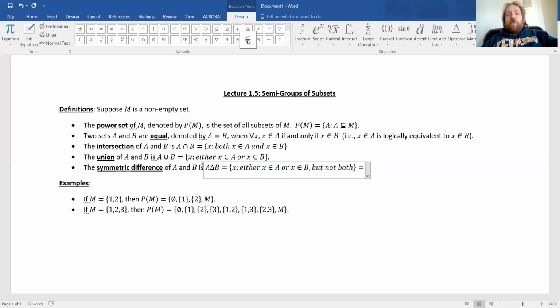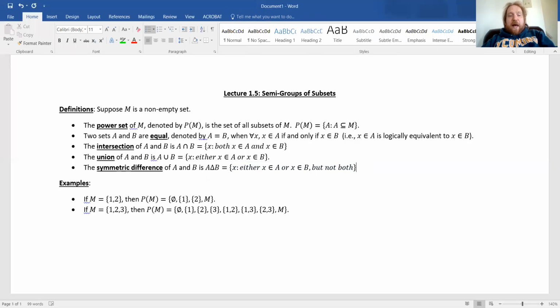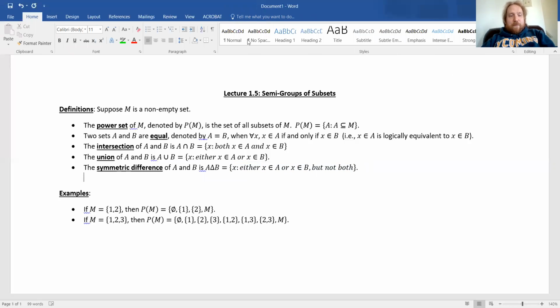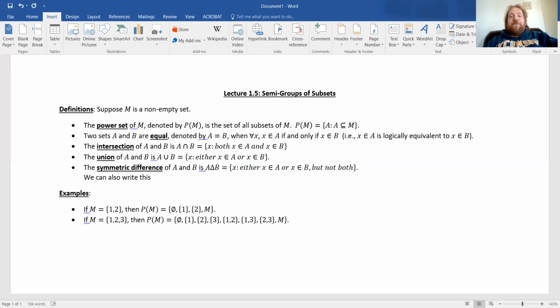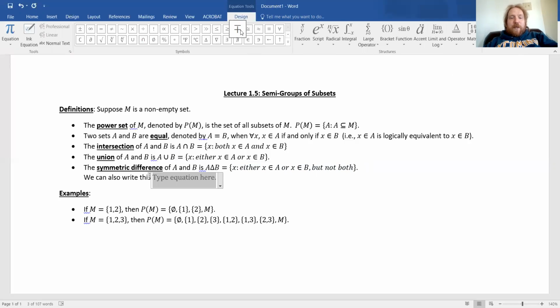And we can also write this equivalently, using what we know about logical equivalence from foundations.